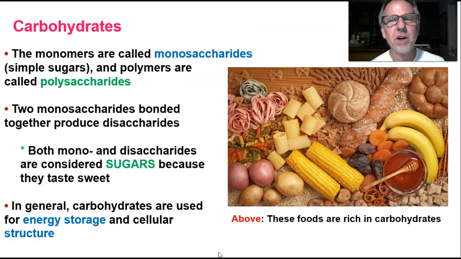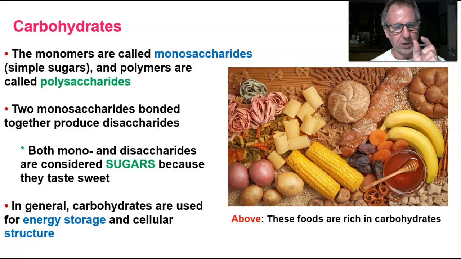All right, moving on to the carbohydrate category. When you hear, think, read, dream carbohydrates, think sugars. Carbohydrates are the sugars. Now, just like in the protein category where there's monomers and polymers, just like in the nucleic acid category where there's monomers and polymers, the same thing applies to the carbohydrates.